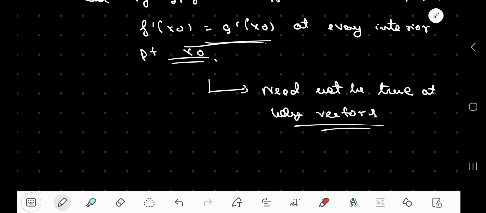So this equality need not hold at boundary points, but it will hold at every interior point. Even if they are equal at the boundary points, their derivatives need not be equal there. But whatever we will be dealing with is in the interior, so we are good to go.